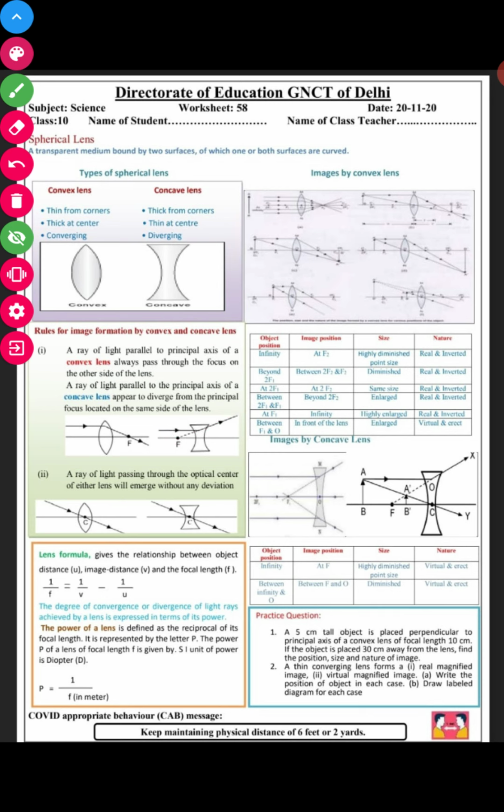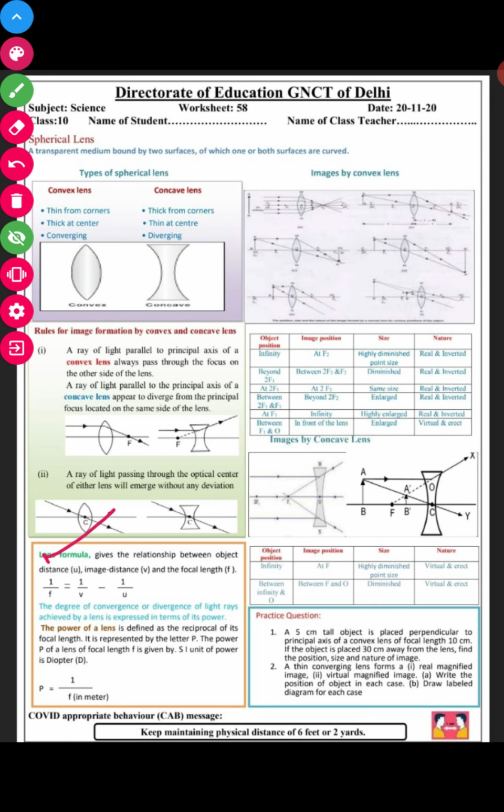Next, the ray of light passing through the optical center of either lens emerges without any deviation. Same is the case with this also.